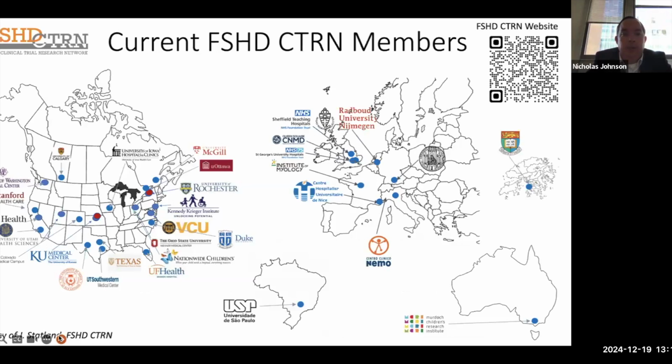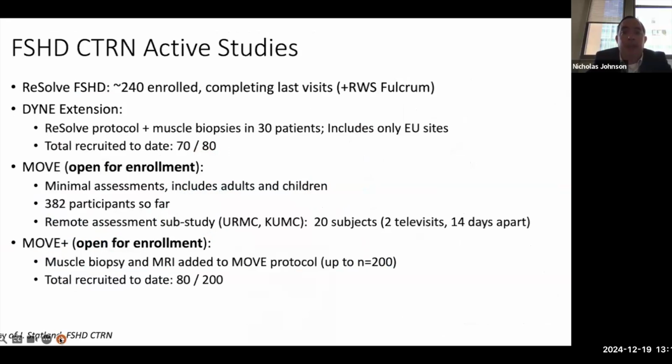Again, big kudos to the KUMC team for making this happen. And this has a couple implications. These are sites that are really thinking about FSHD. They're preparing for trials, and they're definitely engaged in the space. And then they're doing what are called natural history studies, which is a way of measuring that disease progression.